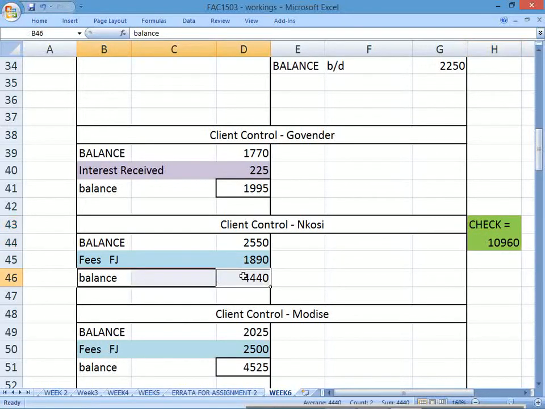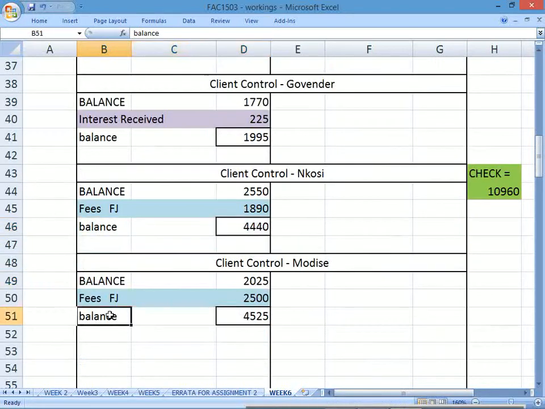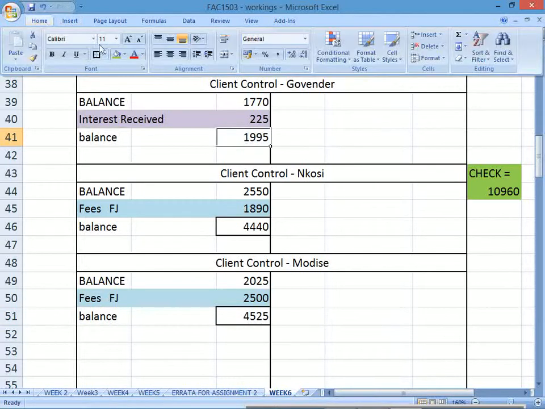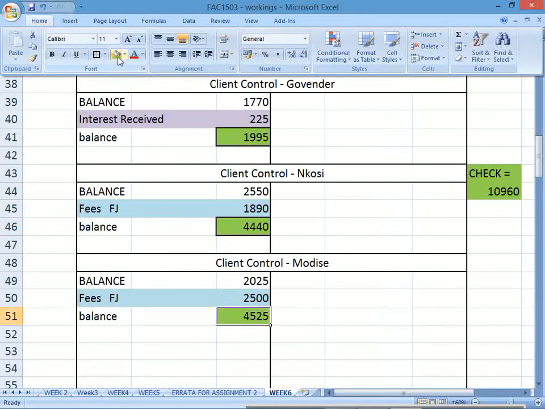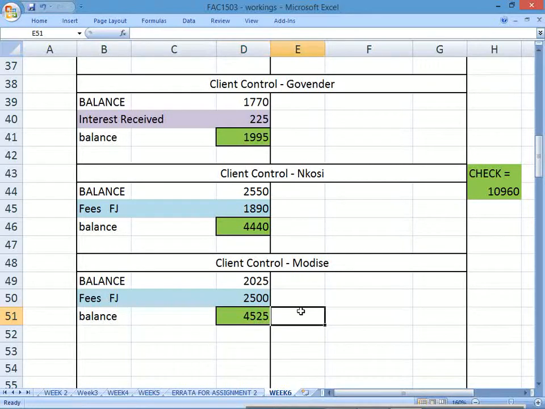This client owes us 4,440, this client owes us 4,525, and that client owes us 19,995. If I highlight those three amounts, those are the fees that those three clients owe the business.